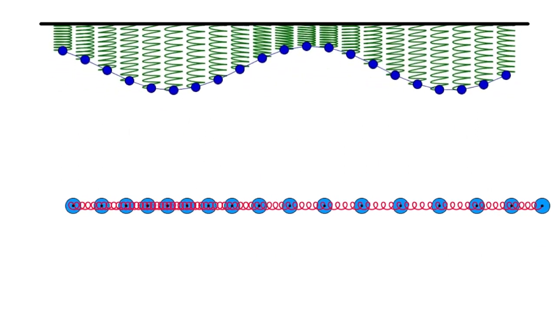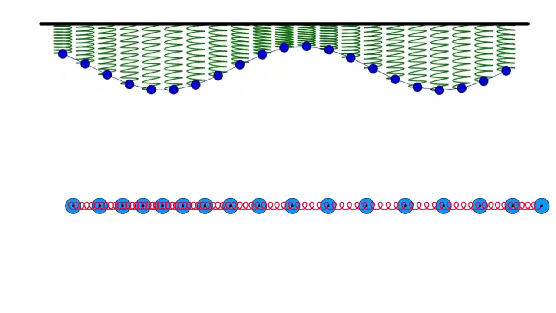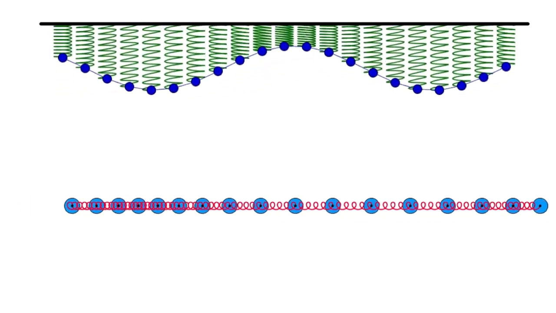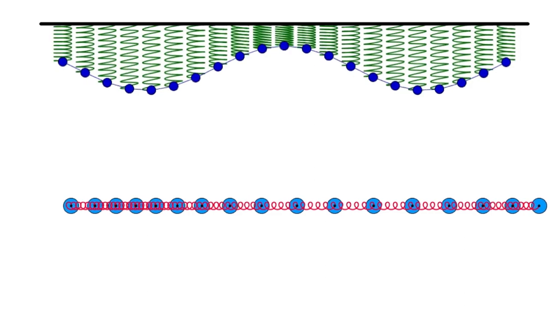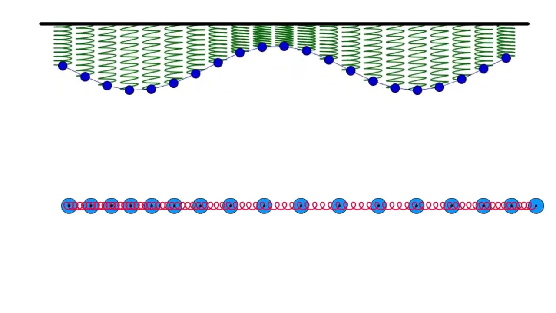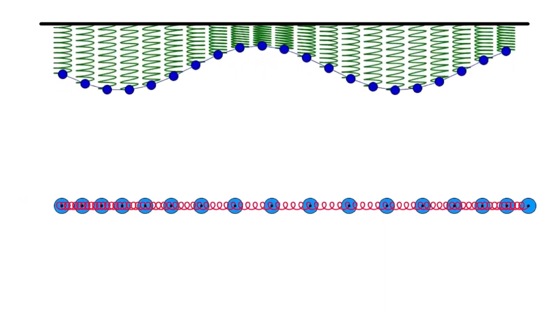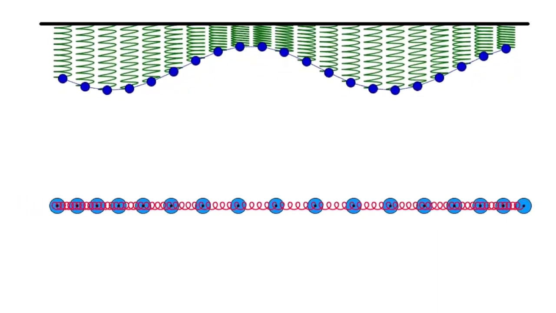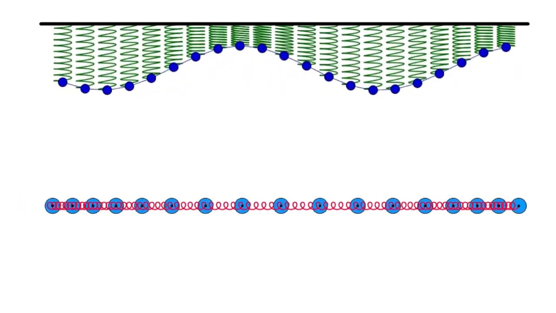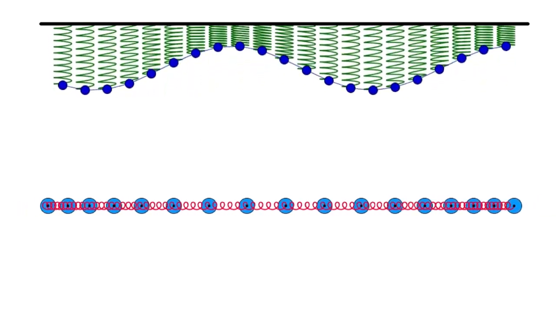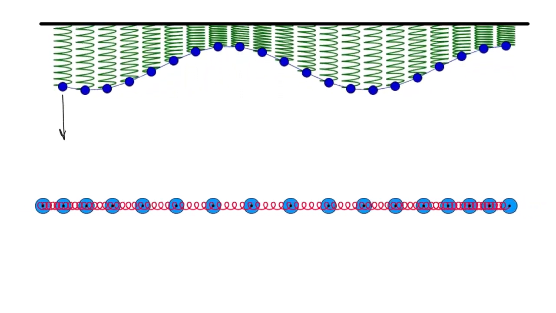So here I've got two animations. I've got one of a transverse wave, one of a longitudinal wave. And you guys definitely saw these when you did your waves simulations activity a few days ago. This top one is a transverse wave. The way you can tell it's a transverse wave is that the particles are moving up and down.